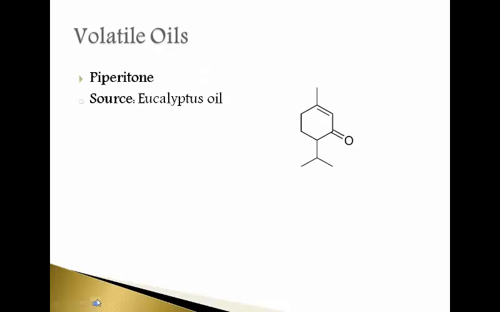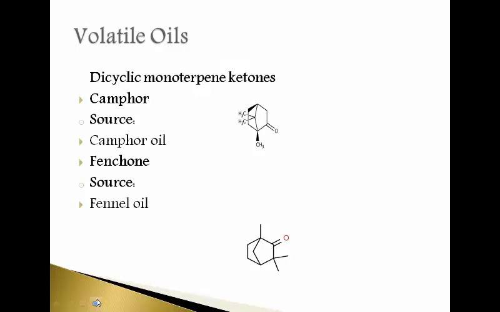The second one is menthone, which is present in eucalyptus oil. It is also a ketone volatile constituent, and it is a monocyclic monoterpene, with one ring and 10 carbons with a ketone group. The second group is bicyclic monoterpene ketones. The examples include camphor and fenchone.